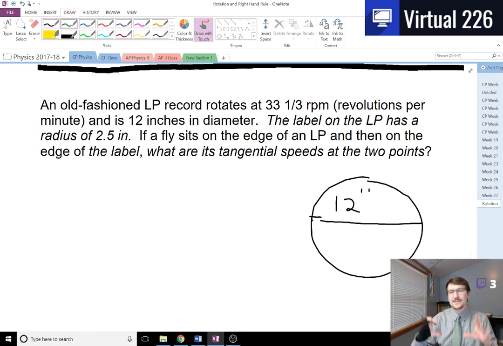Now, the inside of these things normally has a big label, and that label has a radius of 2.5 inches.